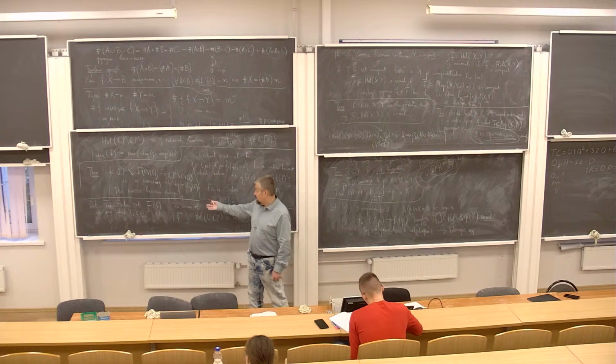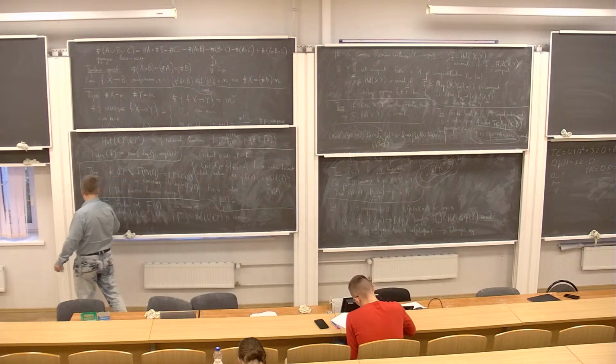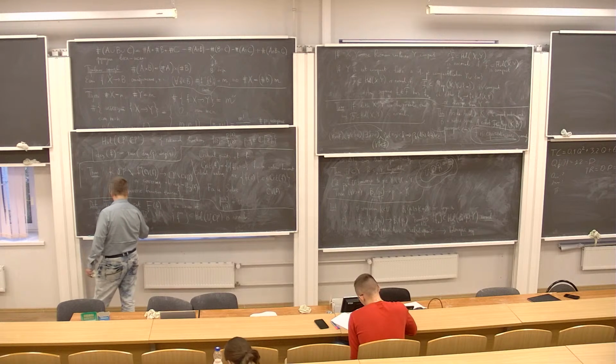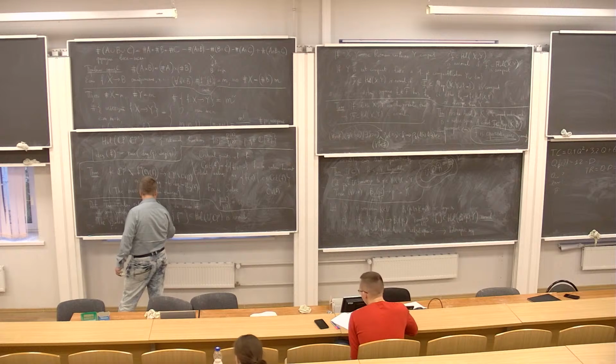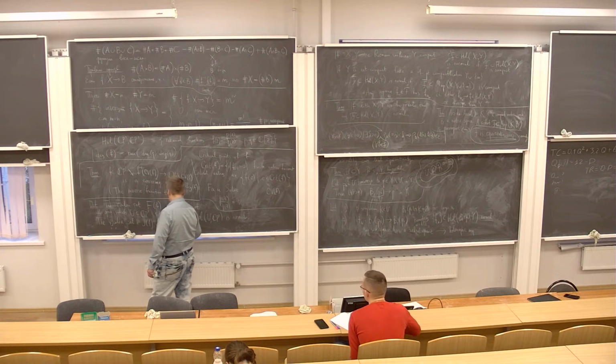It's just explicitly stated in the definition. And the Julia set, J of f, is by definition the complement of the Fatou set. CP1 minus the Fatou set.